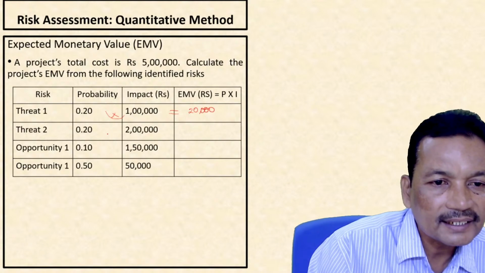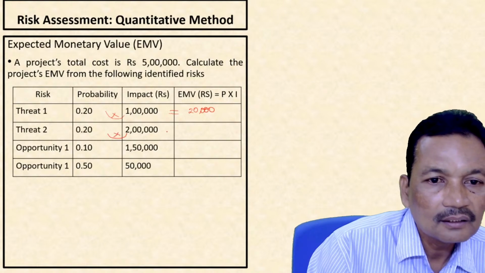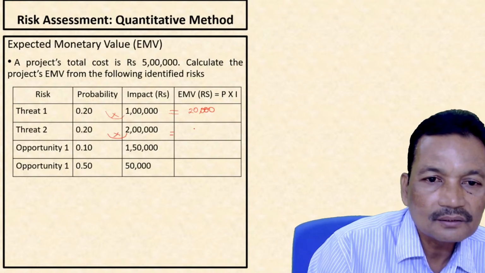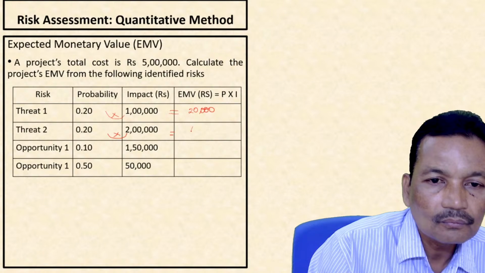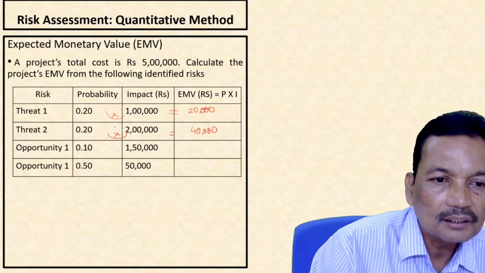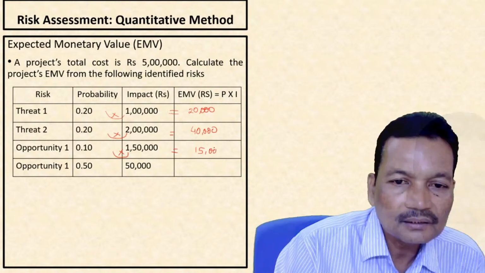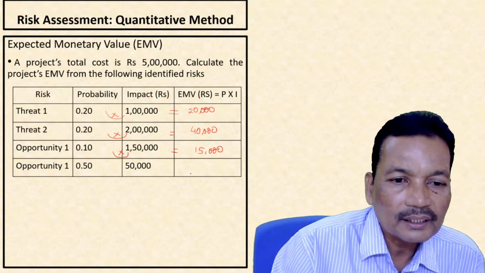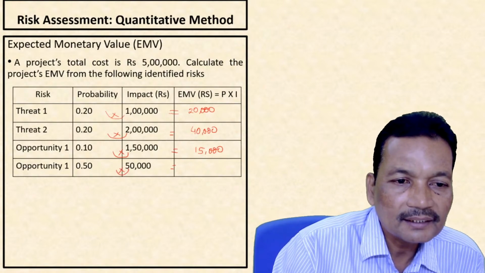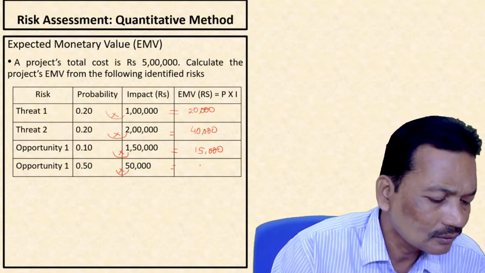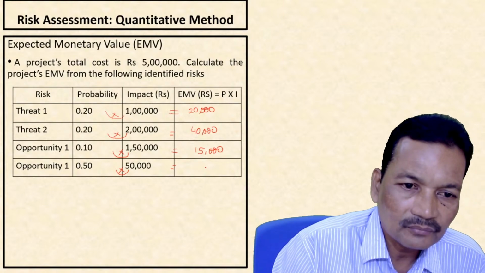Here the second, you can take it as 40,000. The third one you can take as 15,000. Fourth one, you can multiply again, 25,000.